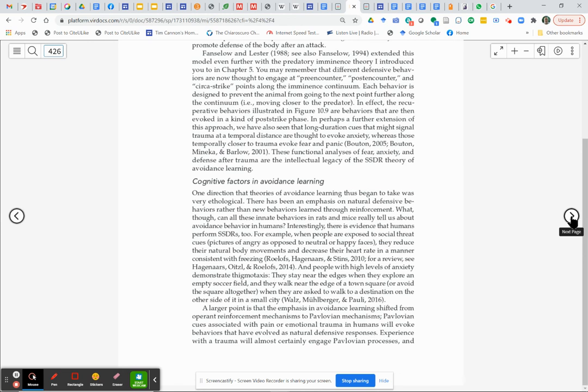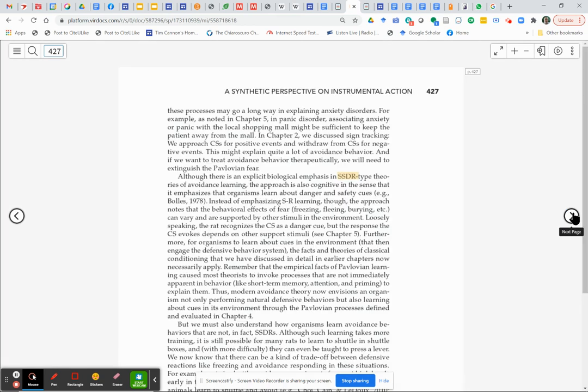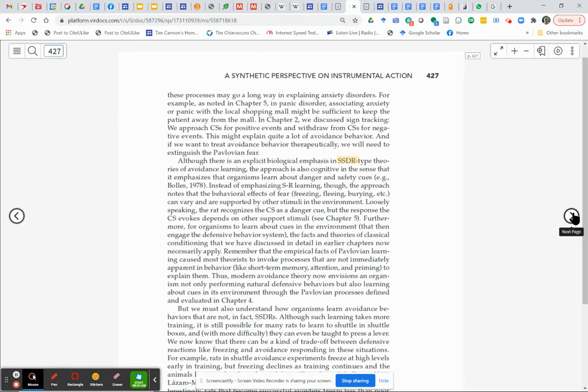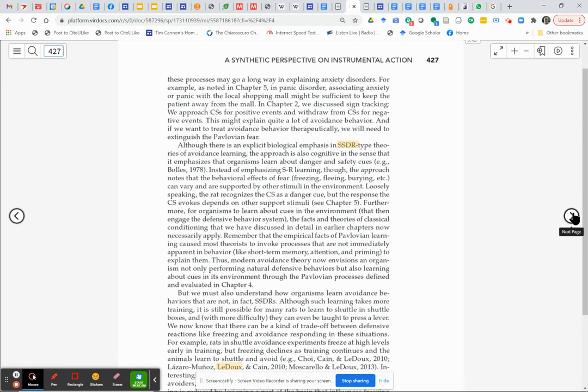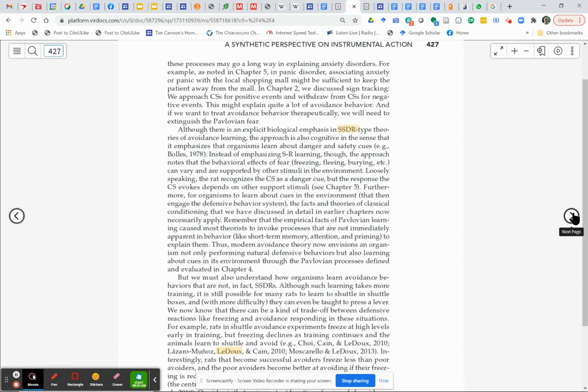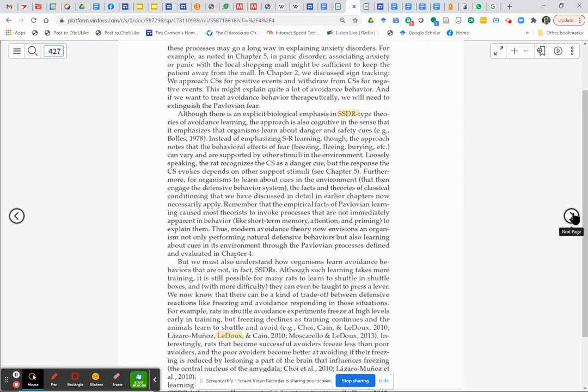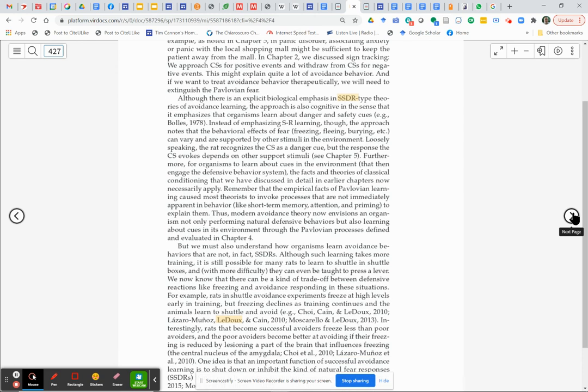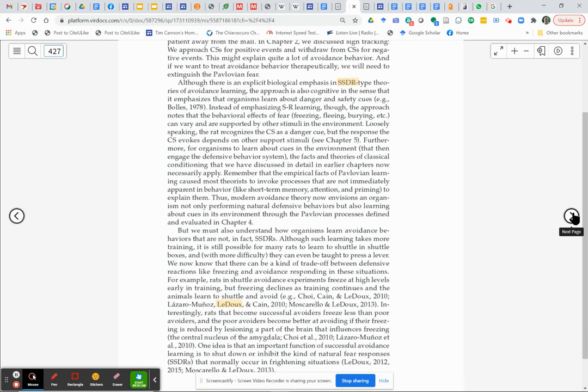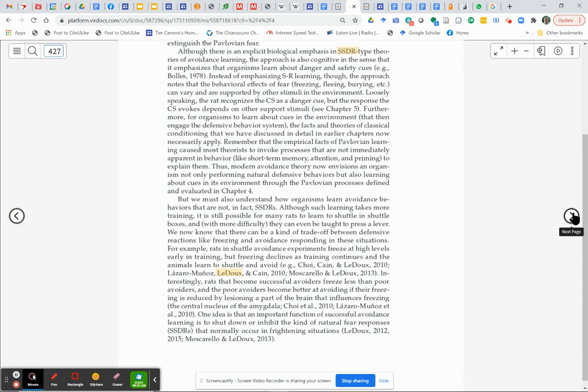And then there's a general discussion of cognitive factors and measurements of fear, and how much fear is the animal really experiencing in a situation that's novel or that they've done before. And there's freezing, fleeing, burying again, and SSDRs and more fear.